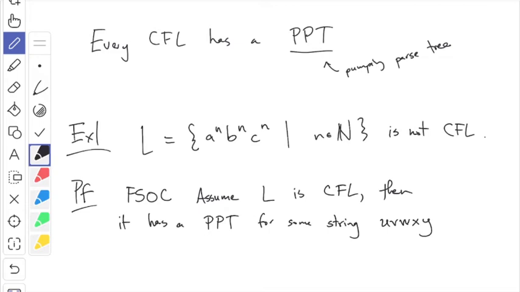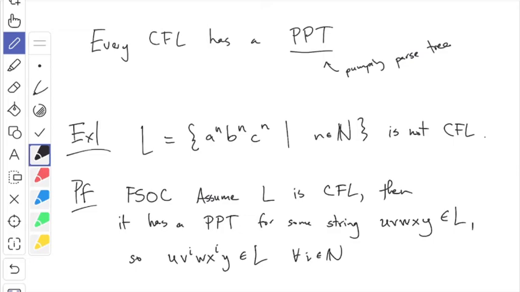We assume that it does have a pumping parse tree for some string of this format, u, v, w, x, y, which is in L. And the point of that is you can pump the thing over and over again, and it means that u, v to the i, w, x to the i, y is in L for all i. Let's say for all i natural numbers. All right?